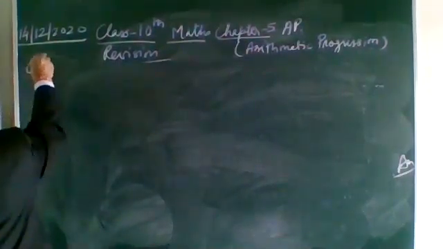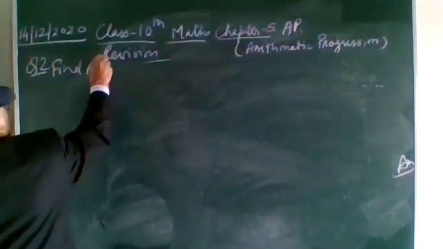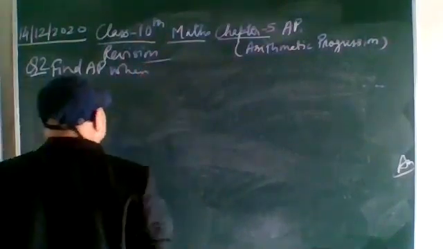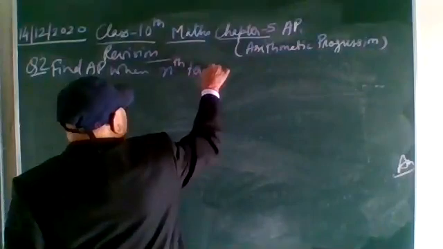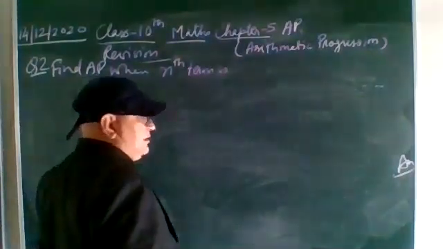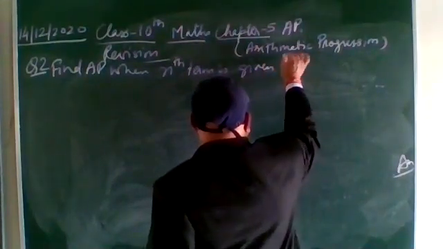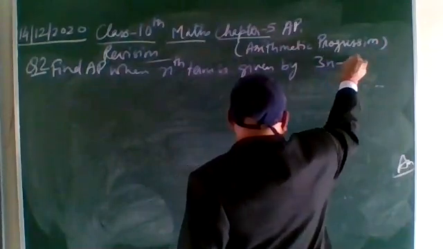Next, question 2. Find the AP when the nth term is given by 3n minus 2.